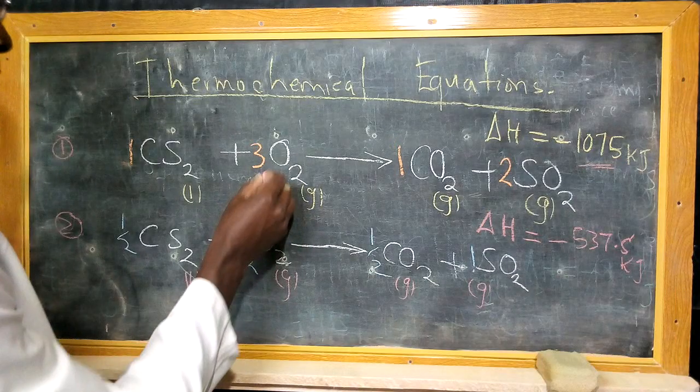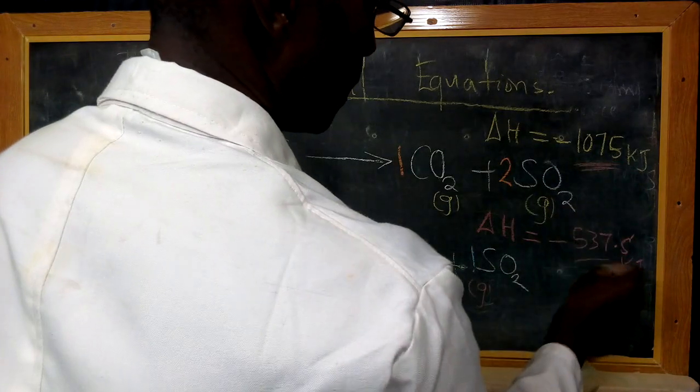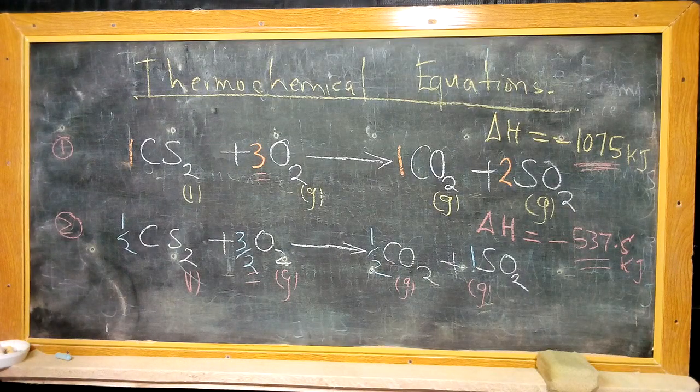So we have divided the coefficients by half. Similarly, we shall have to divide the heat of reaction by the same factor. So that's basically a rule that applies in thermochemical equations.